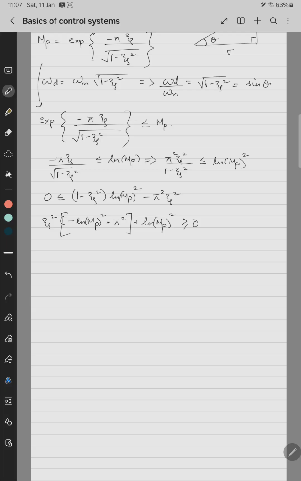If you multiply by a negative sign, the inequality will be reversed. So zeta square into pi square plus ln of Mp square minus ln of Mp whole square should be greater than or equal to 0. So it's a quadratic. If we solve it, it becomes zeta square greater than or equal to ln of Mp whole square by pi square plus ln of Mp square.